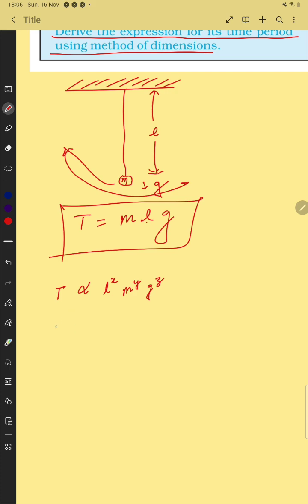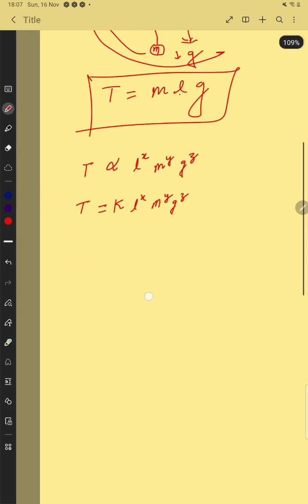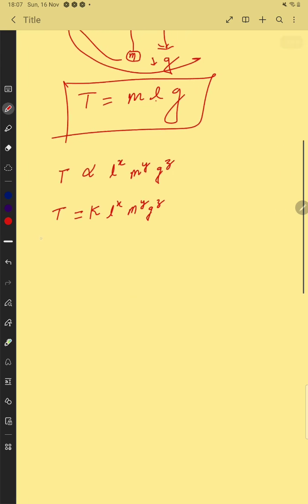Now you can remove the proportionality sign, which gives a constant k, so T equals k L^x m^y g^z. Now let's compare the dimensions of the LHS and RHS, students.